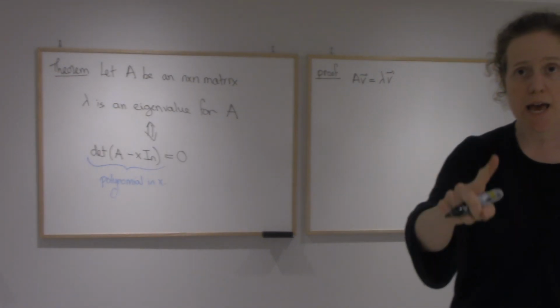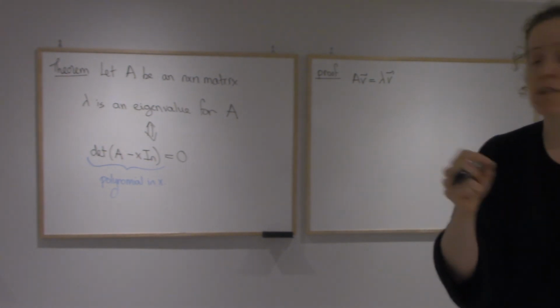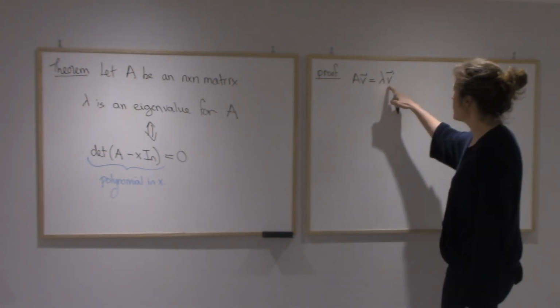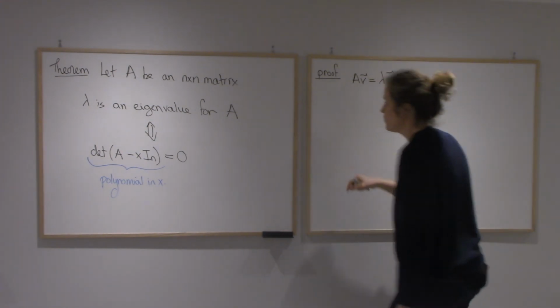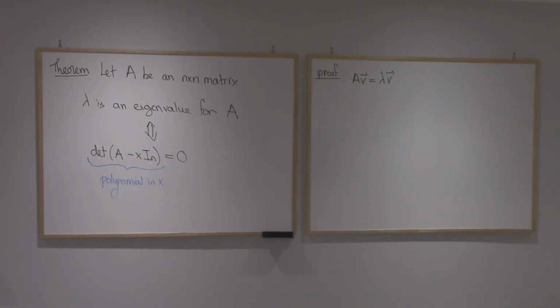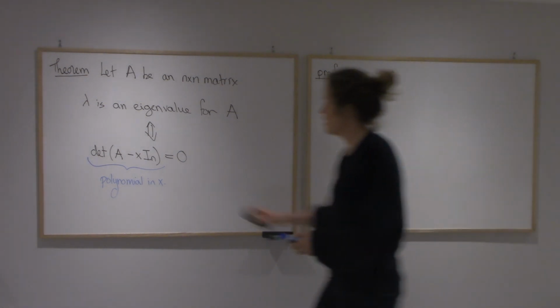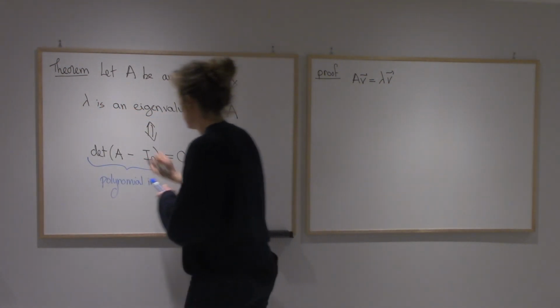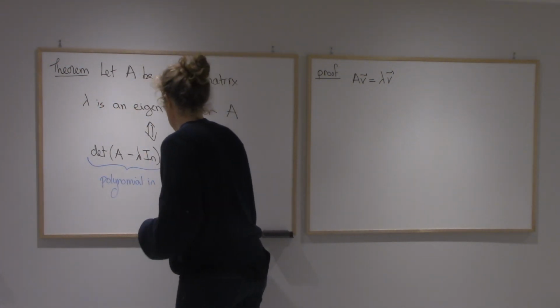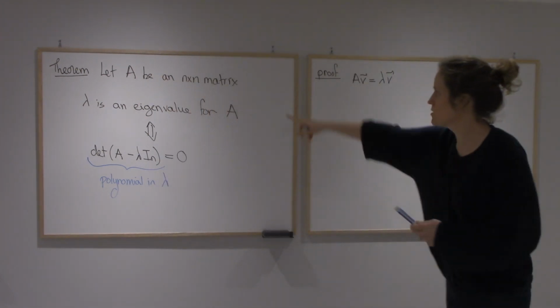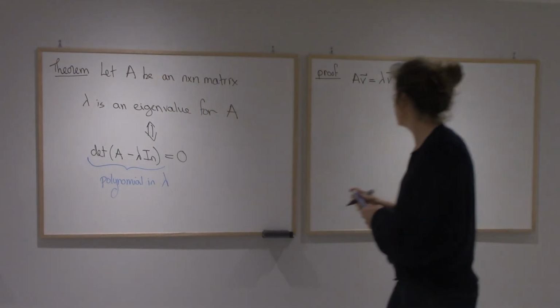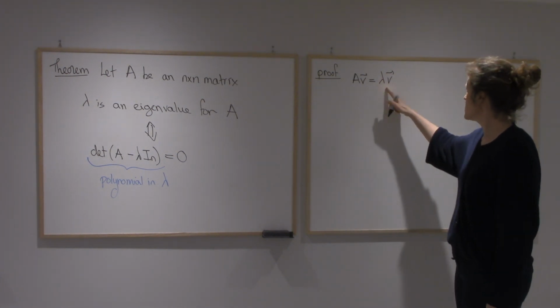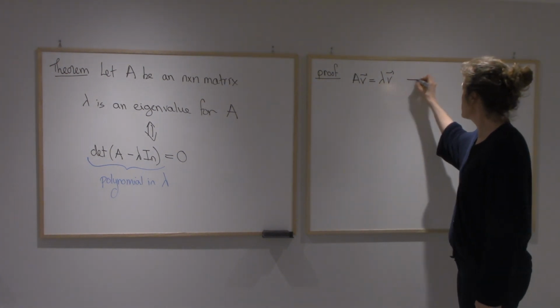That means v is an eigenvector, lambda is an eigenvalue. I'm going to send this to the other side. Oh, sorry. Here we're using lambda, so it should be lambda here as well. When we do examples, we'll use x, but for now, because there's a lambda in this, there has to be a lambda in this. All right, so this is the same thing.